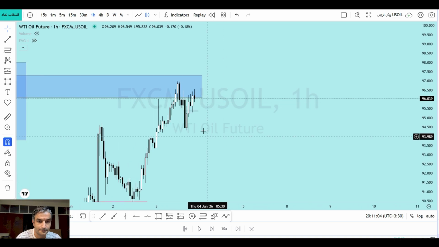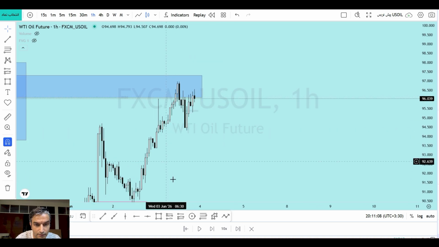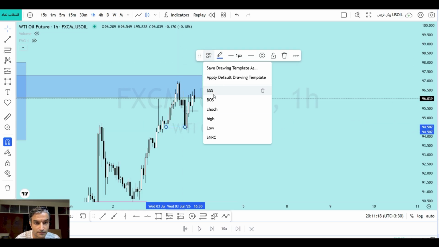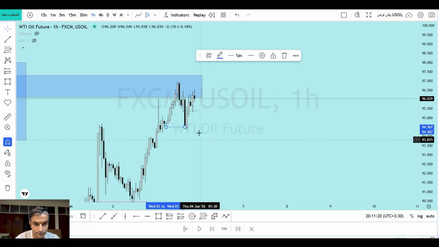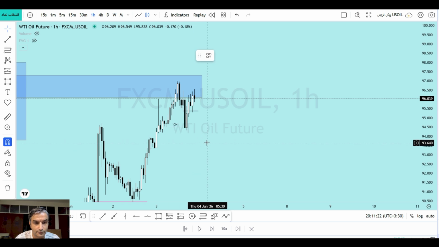Let me zoom in on this area. Price broke this area and made a change of character. Okay, but we don't have a QMR here. We should wait.